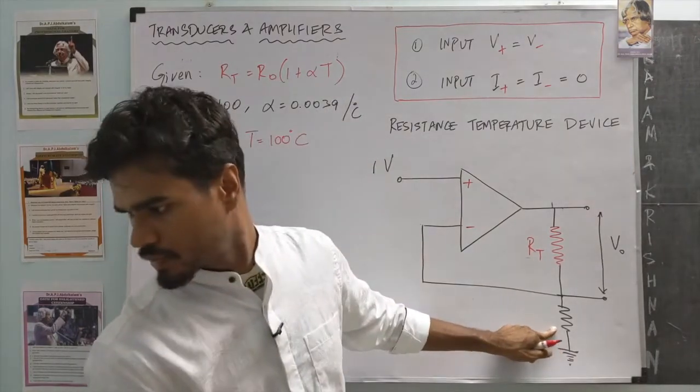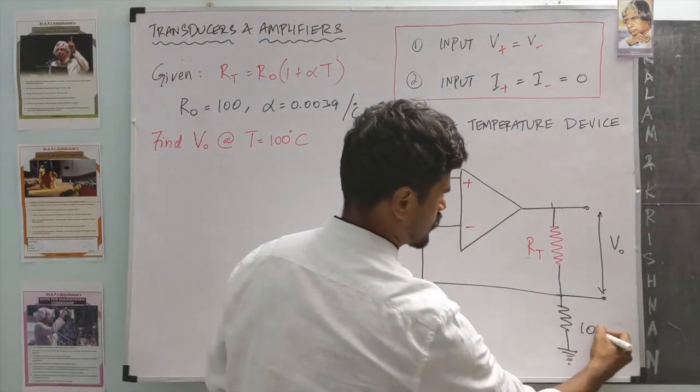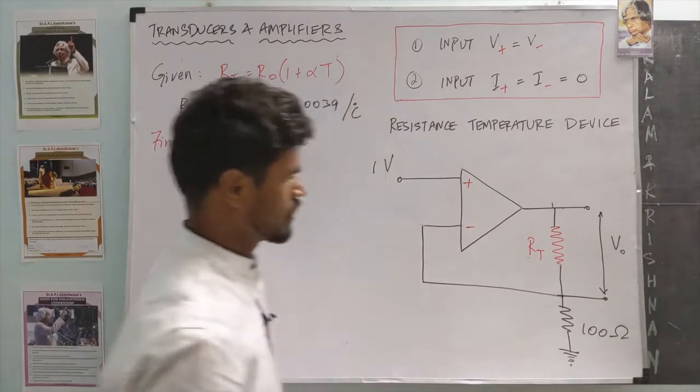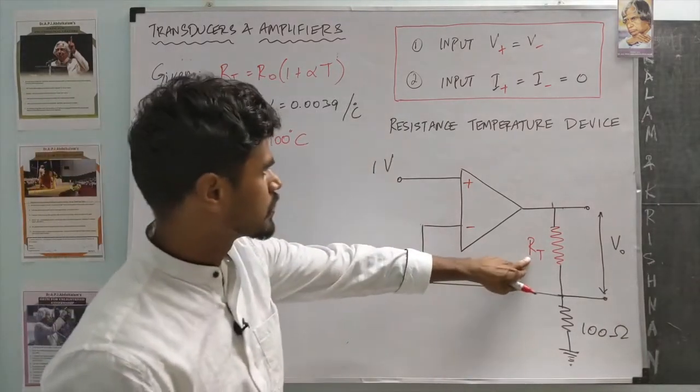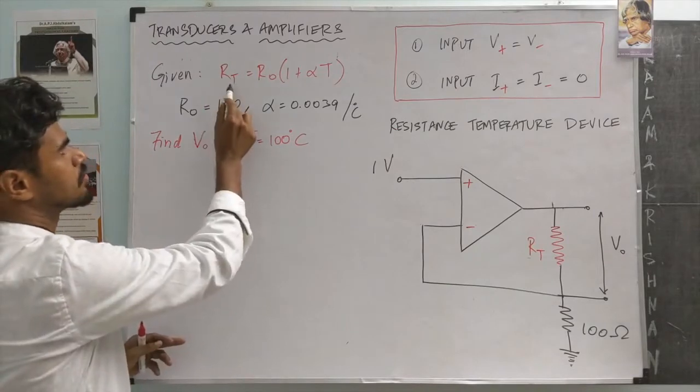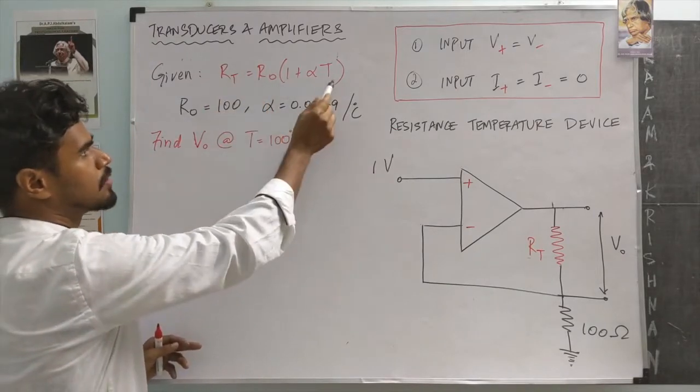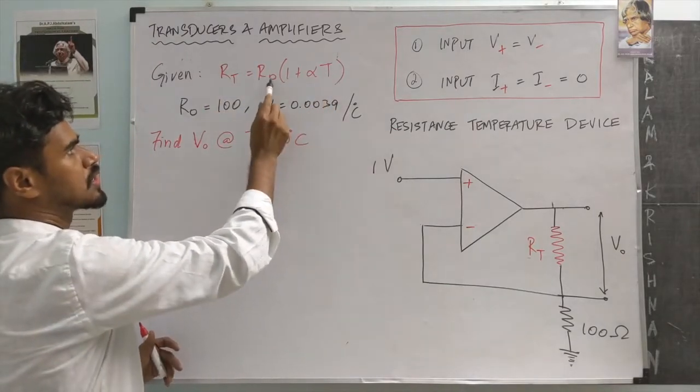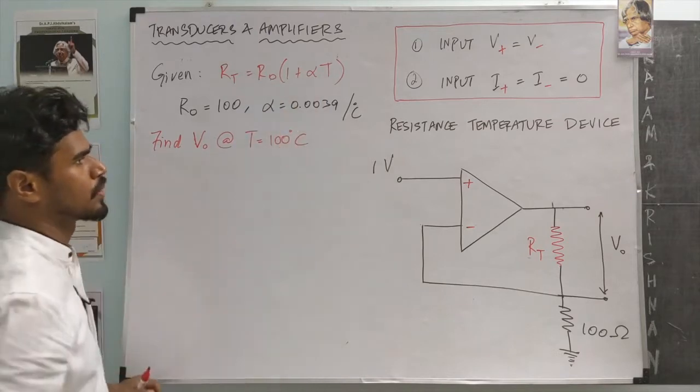This is 100 ohms. The characteristics of this particular device, the RTD, are given. That is, the resistance in it linearly depends on the temperature. The constants R naught and alpha are given.